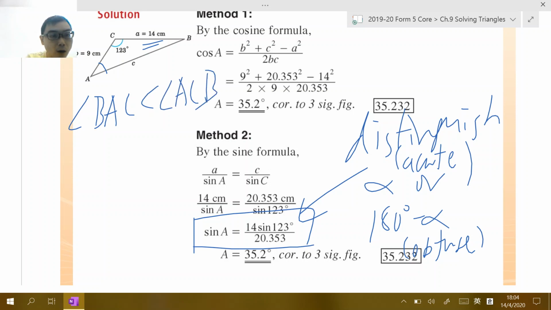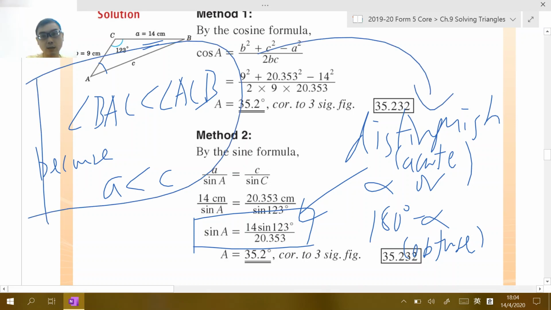Why? Because you have the lengths, for example here, A is less than C. So you have this situation, then you can distinguish this. But if you just see the sine formula itself, you cannot distinguish this, so it may be a problem for you.